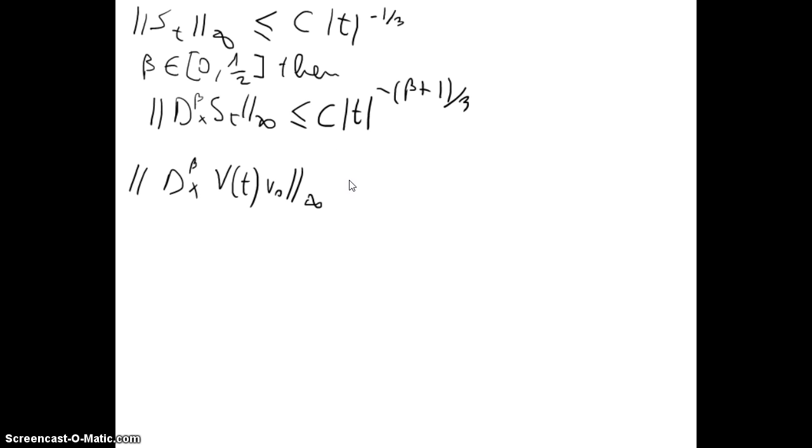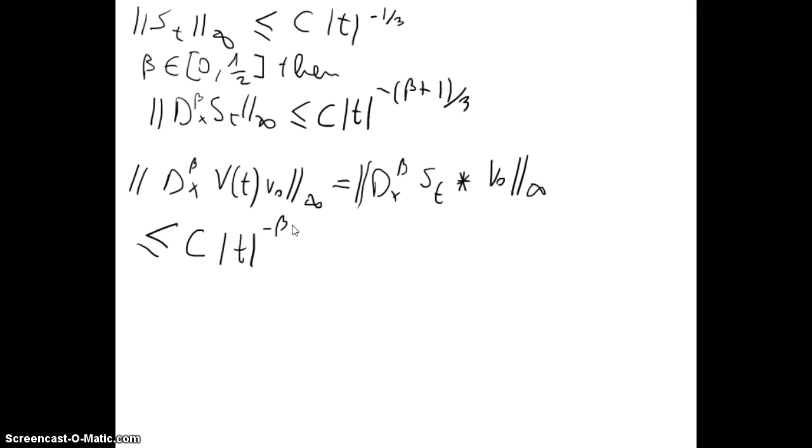We can bound this with the norm infinity, which will be equal to D^β_x S_t convolution b_0, and we can bound this by a constant times absolute value of t to the minus (β plus 1) over 3, which comes from here.